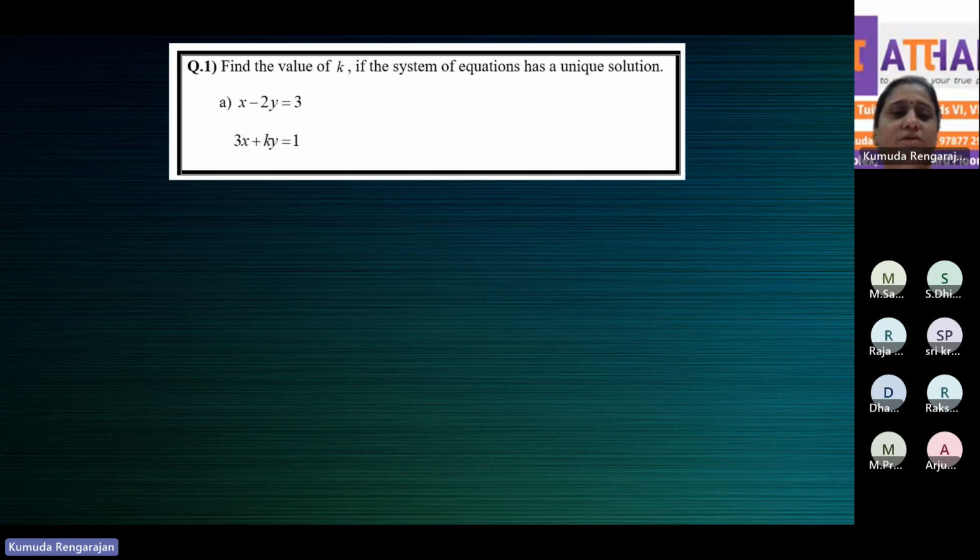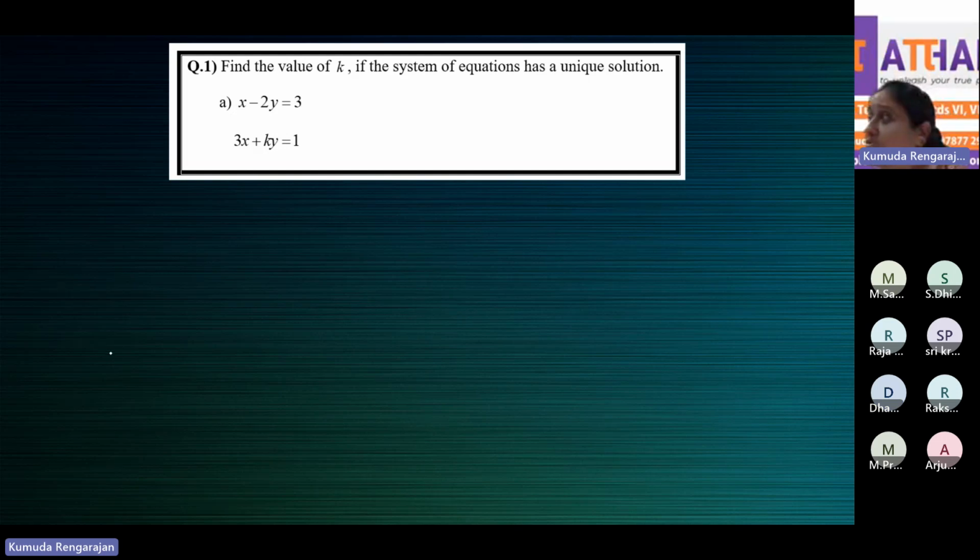So you can see the question here. Find the value of k if the system of equations have a unique solution. What is the condition for unique solution, children? A1 by A2 is not equal to B1 by B2. And before we do all that, what should we do?